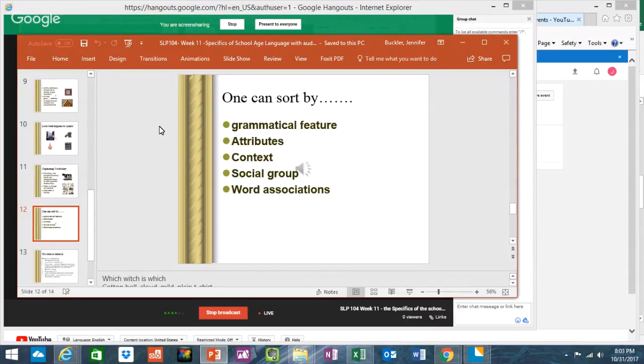You can classify things by context or social group. I can give you some examples here. Oh dear, it's a deer. I actually had this happen on my way up to Jerome recently. My husband was driving a rather windy road, and I went, deer. And he said, what?